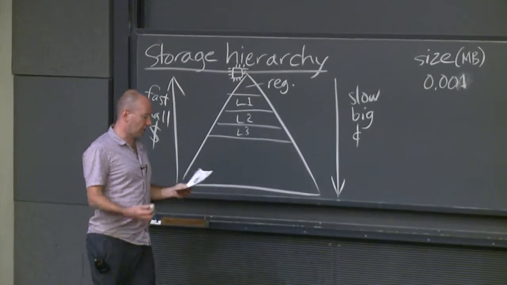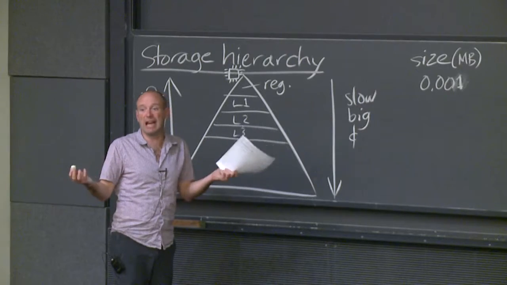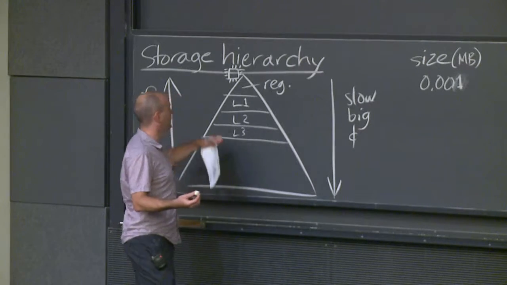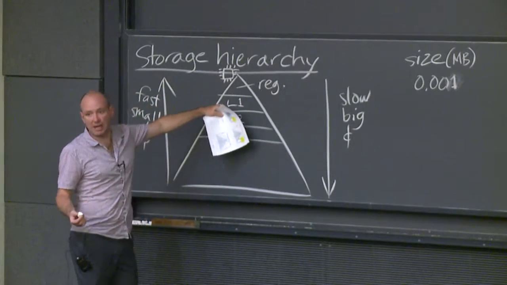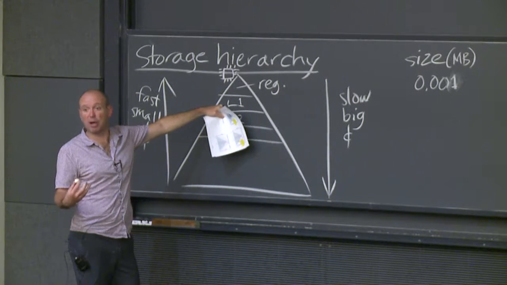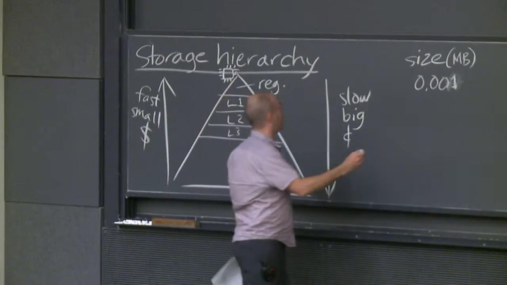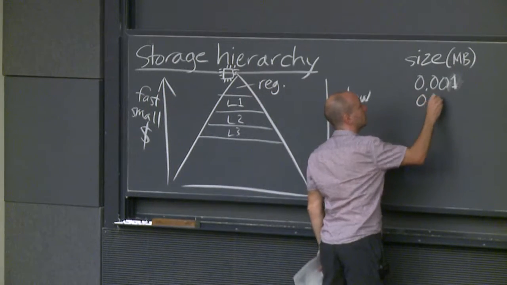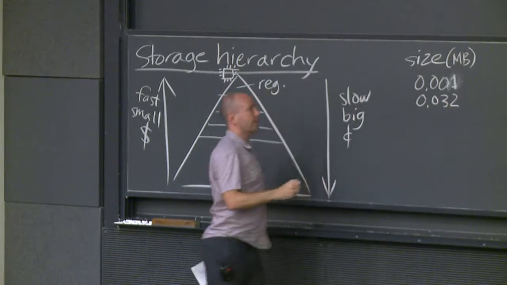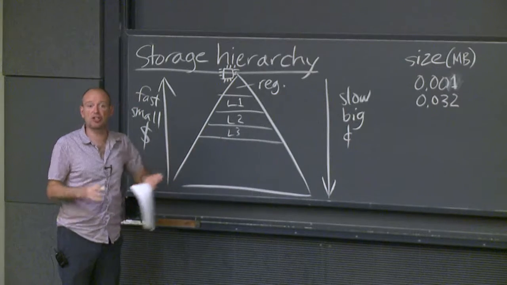Some typical numbers, taken from specs for an iMac, like the one that I have on my desk. Every processor on my iMac has its own level 1 cache. My iMac has 4 processors, so they each have their own level 1 cache, and those are 32 kilobytes big. Then the level 2 and level 3 caches are shared.